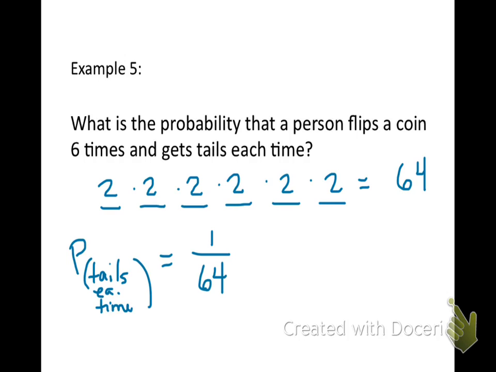Okay. Another way to do that, you can always multiply your probabilities together. The probability that I get tails the first time is 1 out of 2. The probability the second time, and again, you keep going because this is just multiplying the probabilities, is the same type of thing. Okay. And that still gives me the same answer, 1 out of 64.